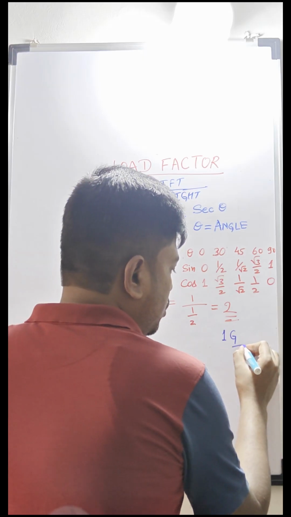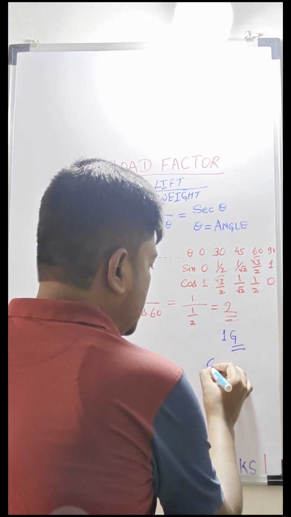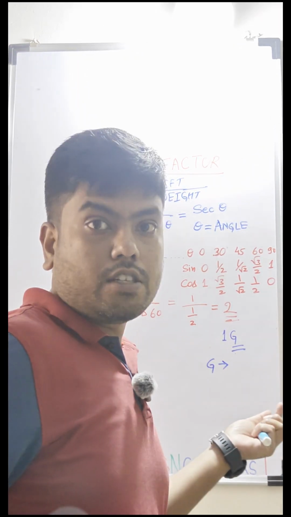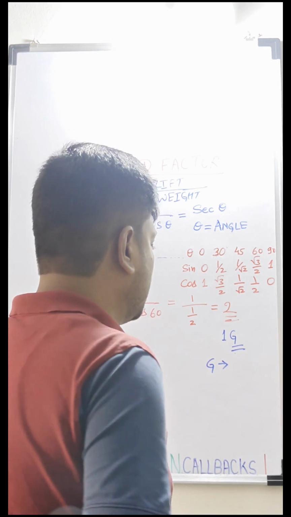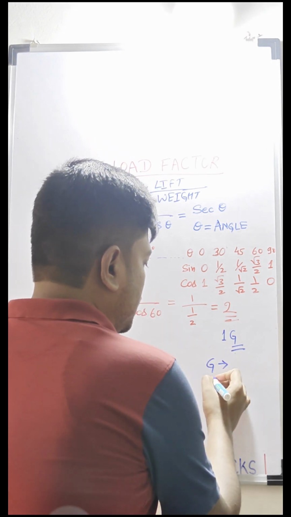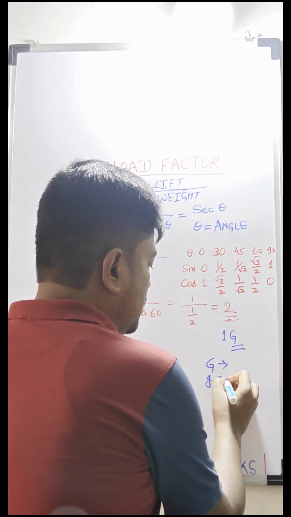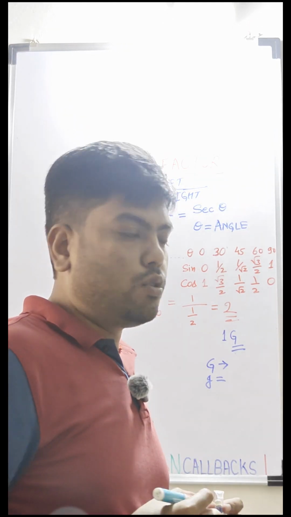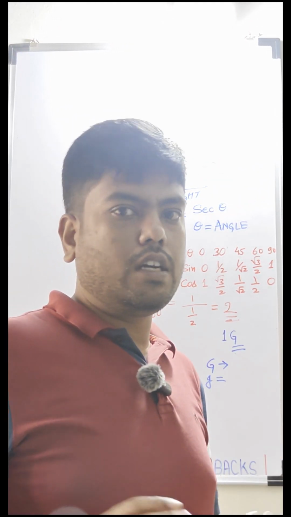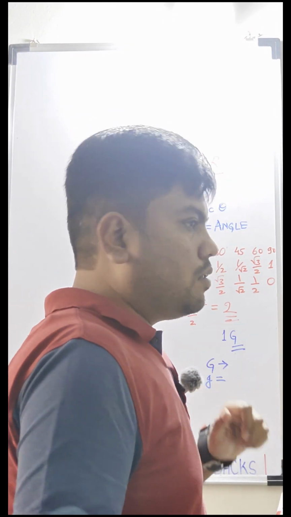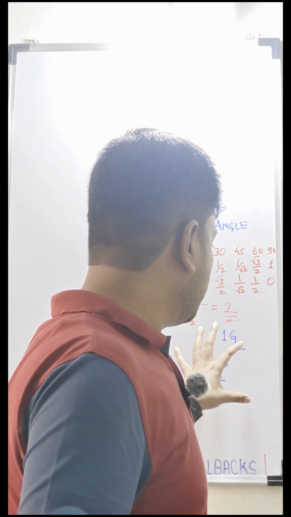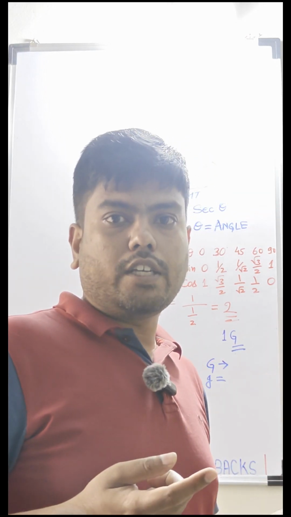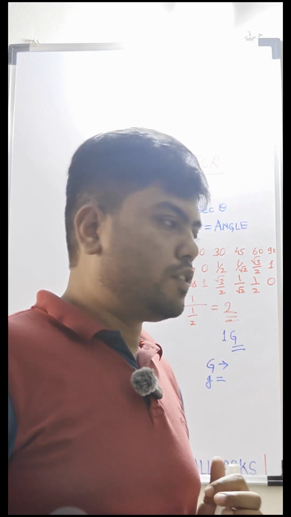So this is not to be confused with capital G, that is your universal gravitational constant. And this is not small g, that is your acceleration due to gravity. For simplicity of understanding, assume that this is the number of times that you experience the gravity on the surface of the earth.